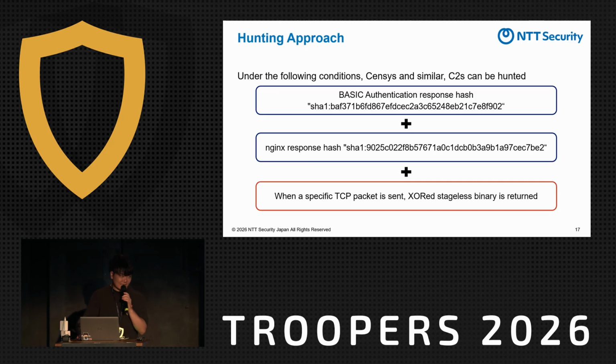This fingerprinting is very useful for hunting VShell servers. Then by sending a specific request to the identified servers and confirming the response of the stage binary, highly accurate VShell detection can be achieved.